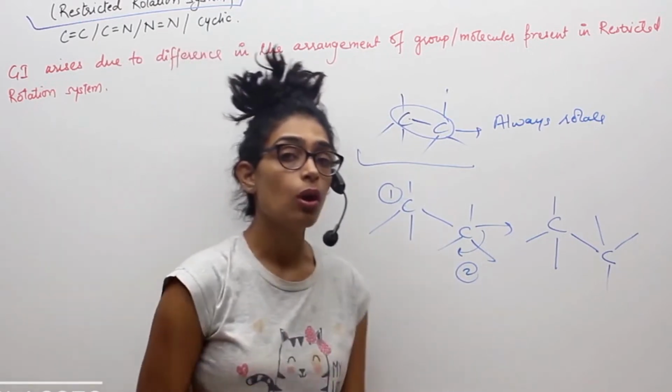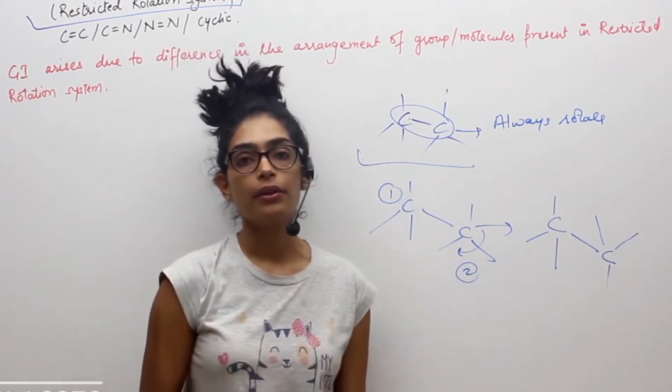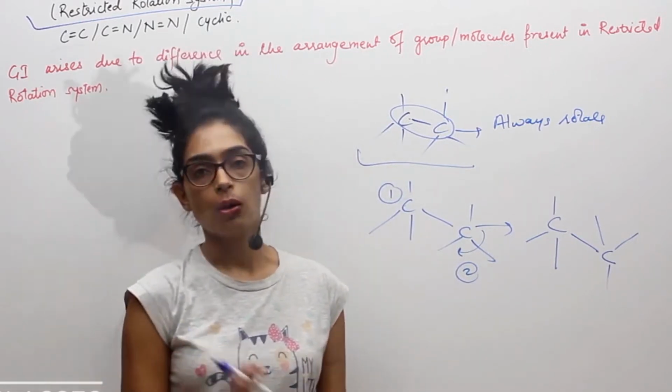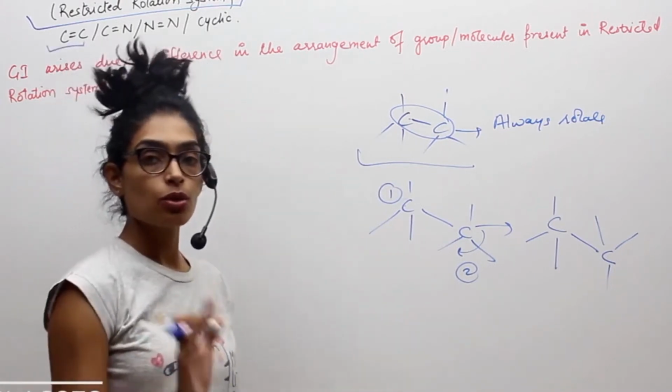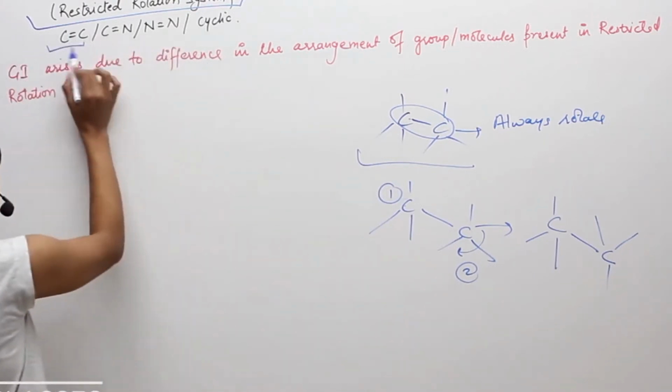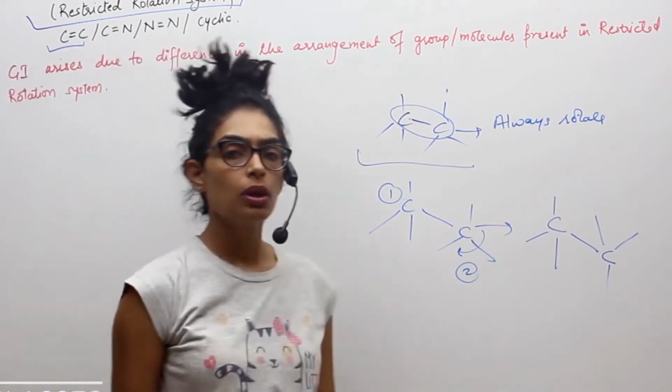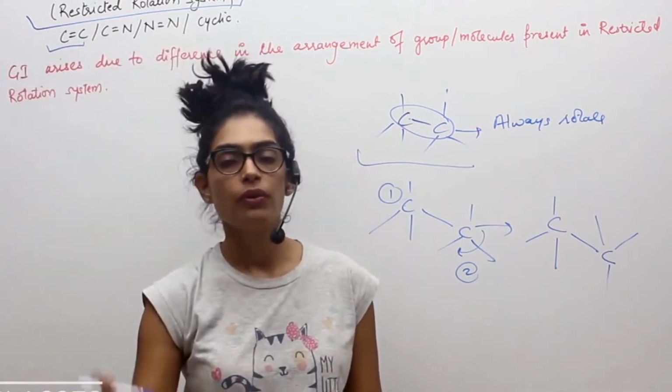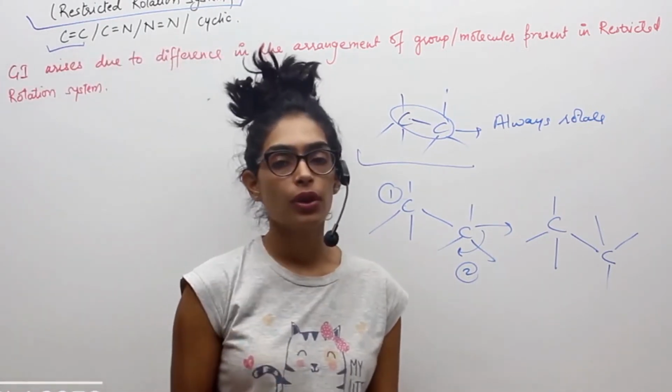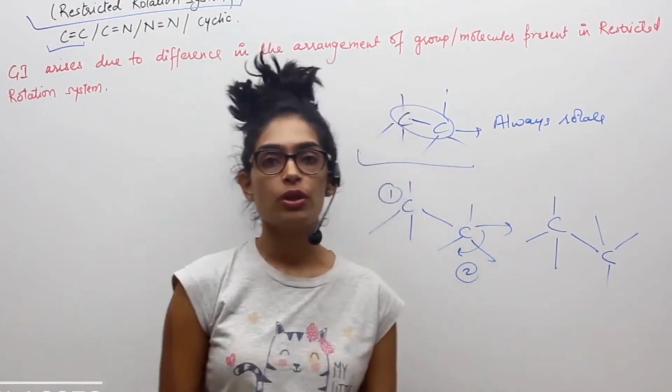Now when you talk about pi bonds and cyclic rings, they do not tend to rotate at all. What kind of systems can show geometrical isomerism? Where you have carbon double bond carbon, and generally carbon double bond with any other atom, or many other cases where you have pi bonds, all those can show geometrical isomers.